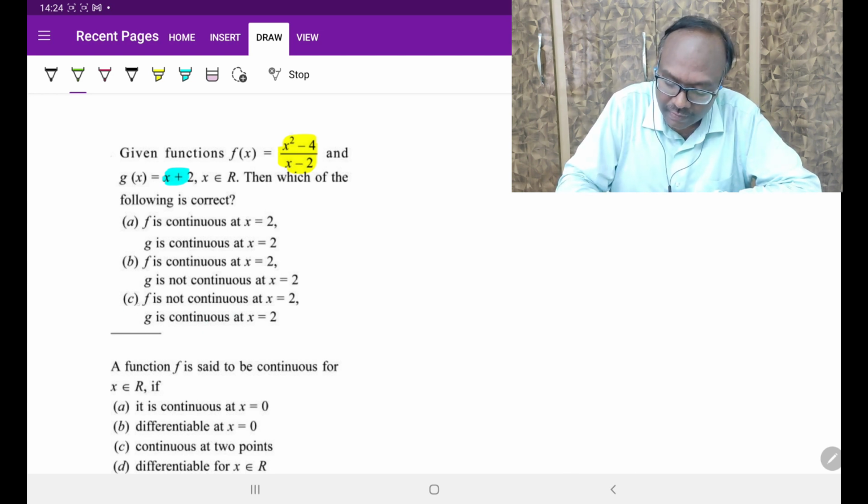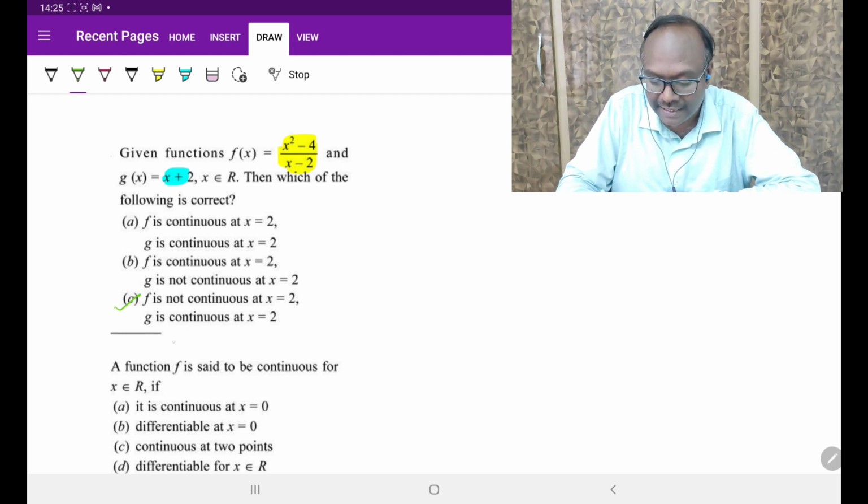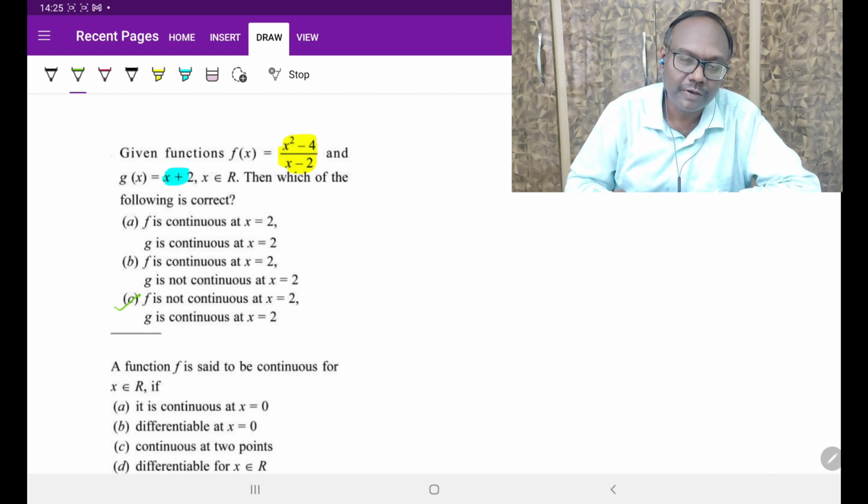So option C is the right answer. Option A says f is continuous. No, so option A is not correct. Option B is also not the right choice. F is not continuous at x equal to 2, it is right. And g is continuous at x equal to 2 because g is continuous for all x belongs to R. Therefore, the right option is option C.